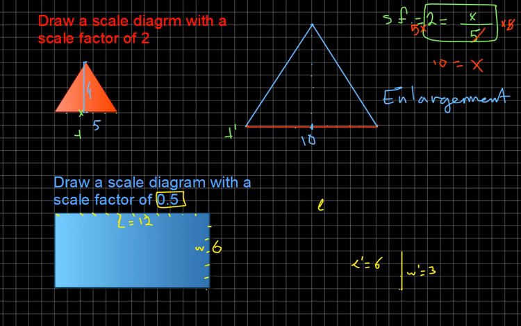Length prime equals 12 times 0.5, which is 6. That's where the calculation comes from. So we'll draw that. We have 1, 2, 3, 4, 5, 6. And we draw our line, and we finish our rectangle.